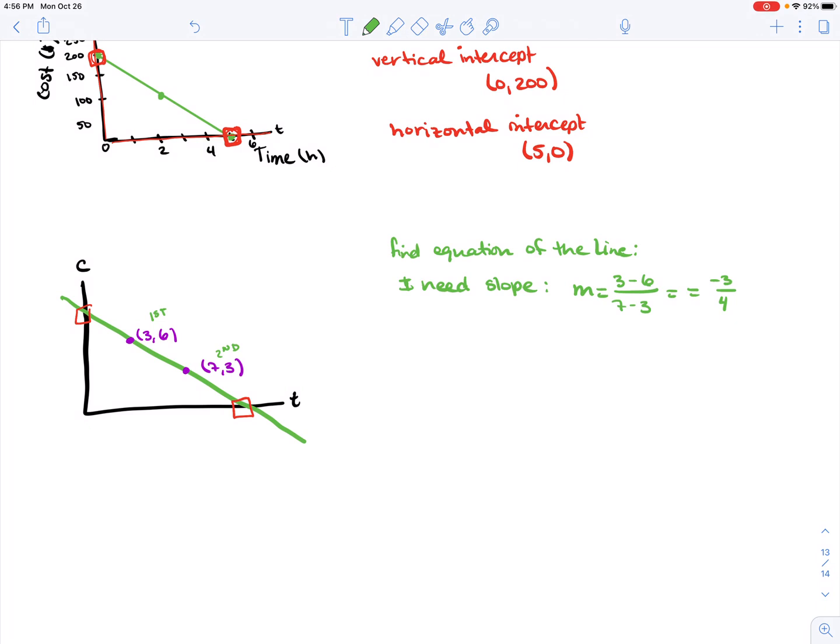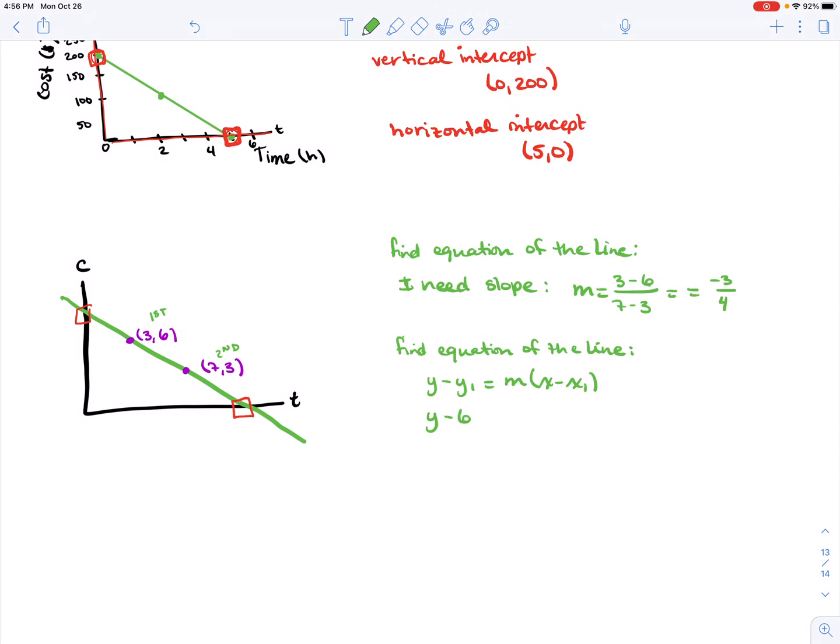Now I need to use one of these points to find my equation of the line. So now I can find the equation of the line. And of course, y minus y1 equals m, x minus x1. So let's choose the first set of points, 3, 6.